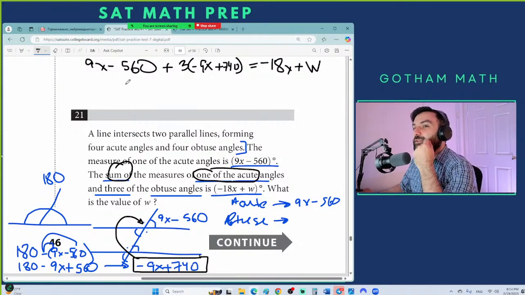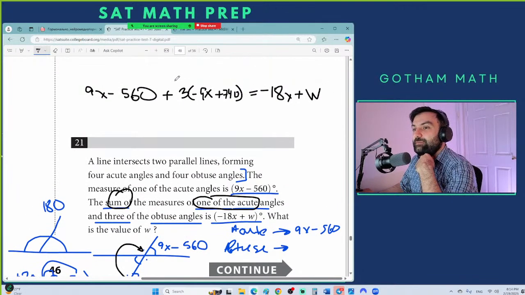Okay, I'm going to share my thoughts in a second. So let's start by combining all the like terms and distributing. So it's going to be 9x and minus 560, we keep that. We distribute the 3 onto negative 9x.